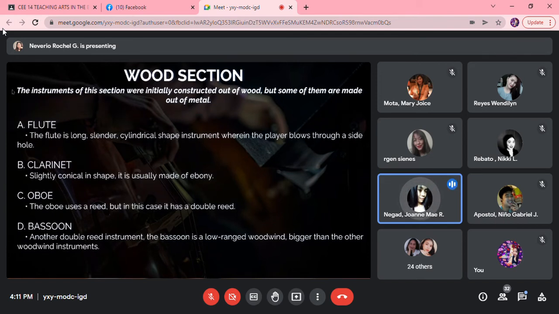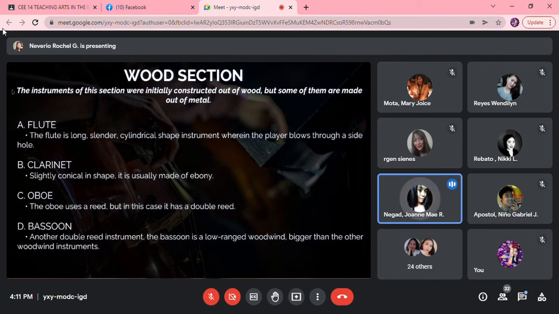The oboe has a crisp and focused sound. The oboe usually gives the standard tuning pitch A or LA to the entire orchestra. So, yun nga po, yung oboe may crisp and focused sound siya.